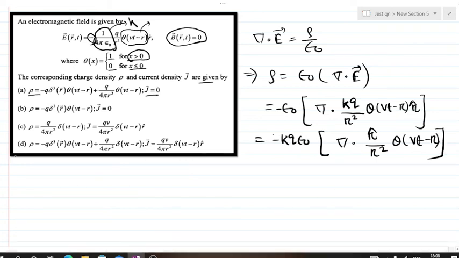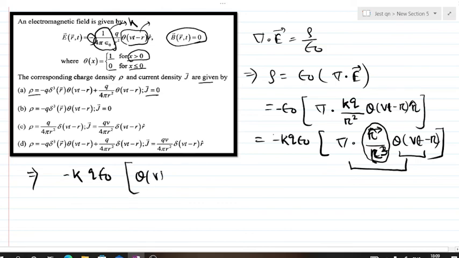Okay, let's solve this. As we know, by the divergence property, this is a constant and this is a vector, as r cap will be r vector by r cubed. And the divergence of a constant and a vector will be like this: minus k q epsilon naught, theta common, theta is the step function (vt minus r), divergence of r vector by r cubed, plus r vector by r cubed into grad of theta.